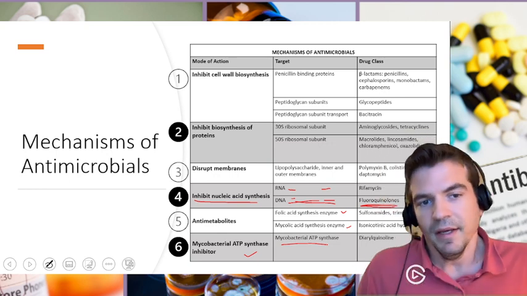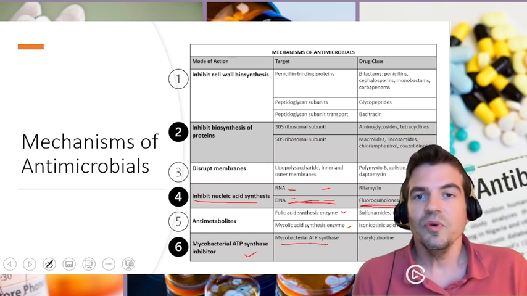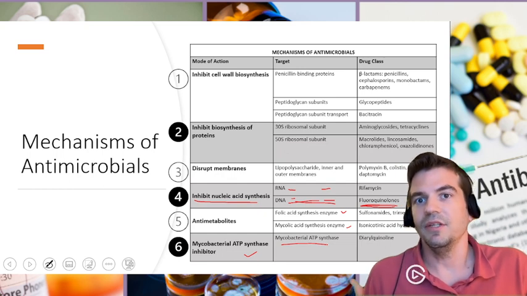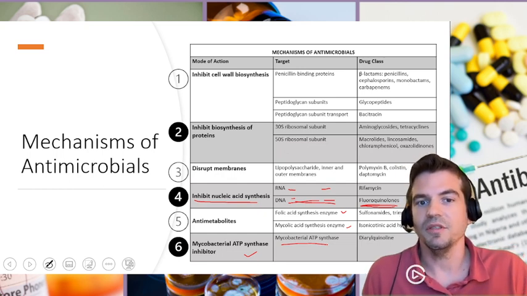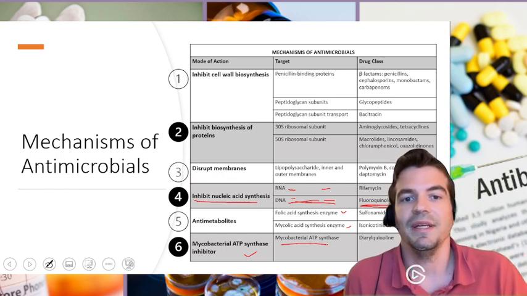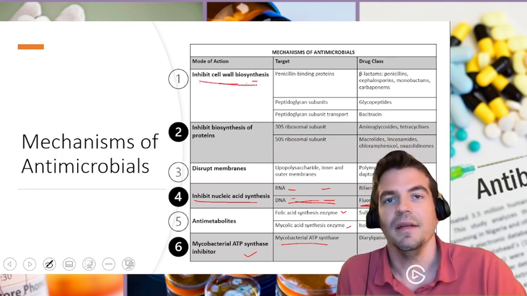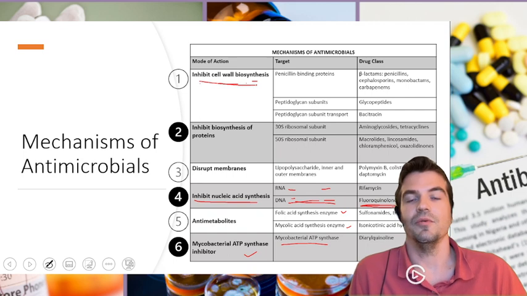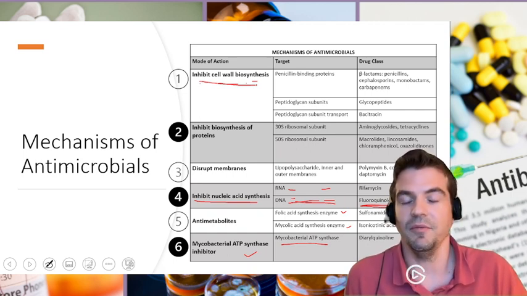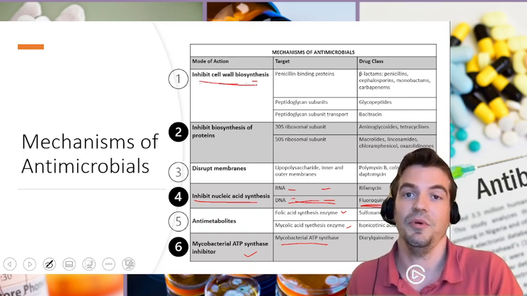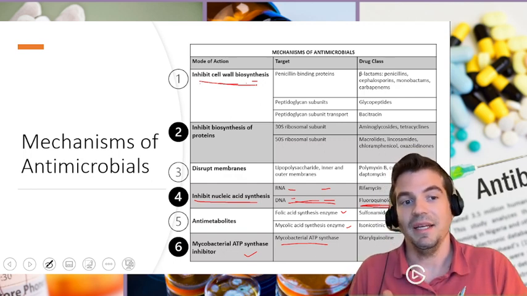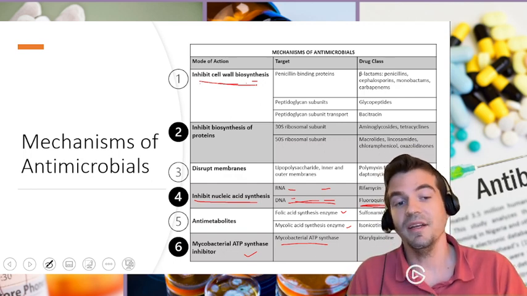These next ones are where we're really getting to see why we need to learn the parts of the cell that we did. We can inhibit cell wall biosynthesis. We all know what the cell wall is in bacteria now, right? We have the gram stain. We can see that it's gram positive, and we can see that it is gram negative.